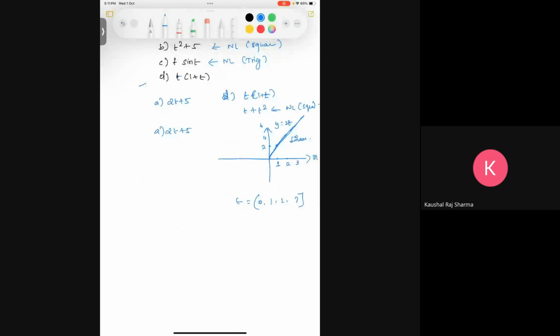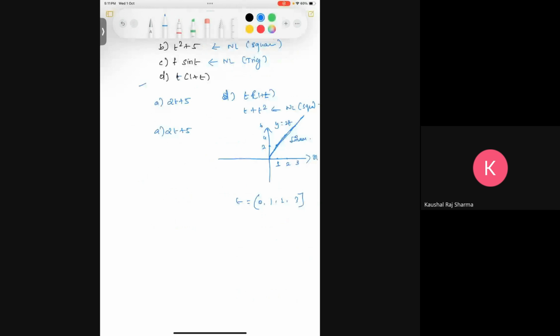When x is equal to 2, y would be 4. When x is equal to 3, y would be 6. So there are 2 points for every 1 point jumped on the x-axis. So I can guarantee that this is a linear relationship.